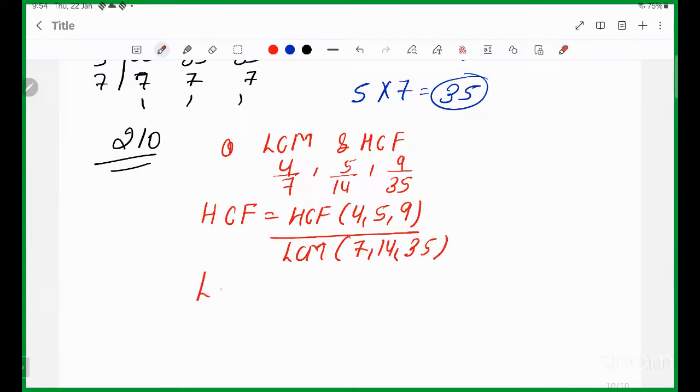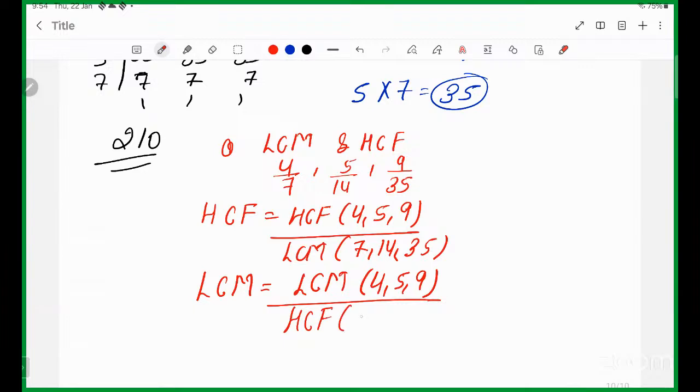And if I have to find the LCM, then I will take the LCM of the numerators 4, 5, and 9, and the HCF of the denominators 7, 14, and 35. So here it will be 1 upon 70, and here it will be 180 divided by 7.